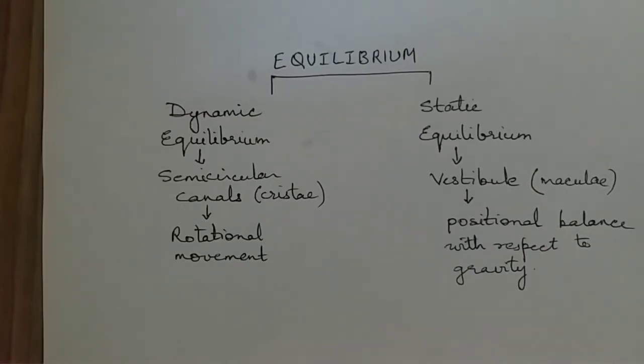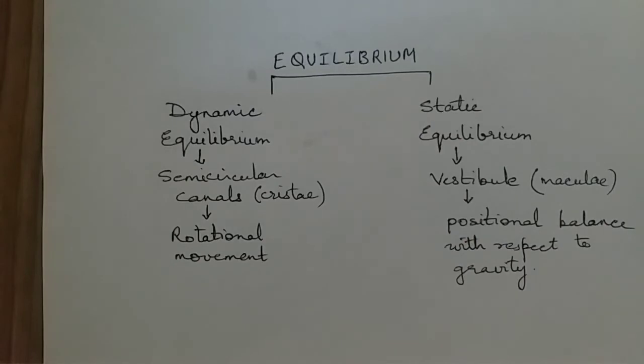For example, if you are turning round and round and then you suddenly stop, you feel dizzy because the endolymph rushes back from where it has started, and that gives you a feeling of dizziness. Static equilibrium: the vestibule is responsible for static equilibrium, that is equilibrium when you are at rest.